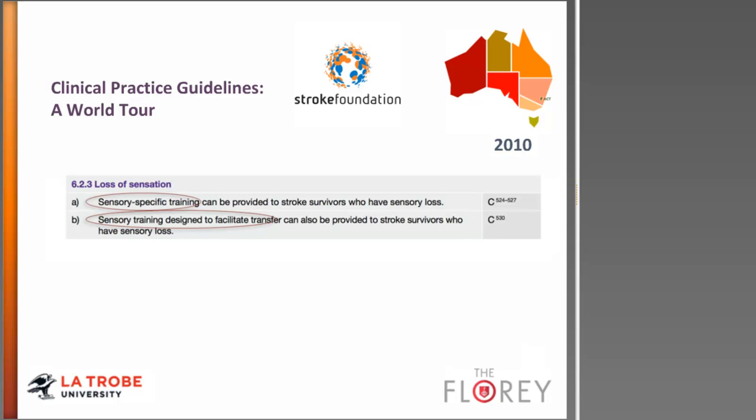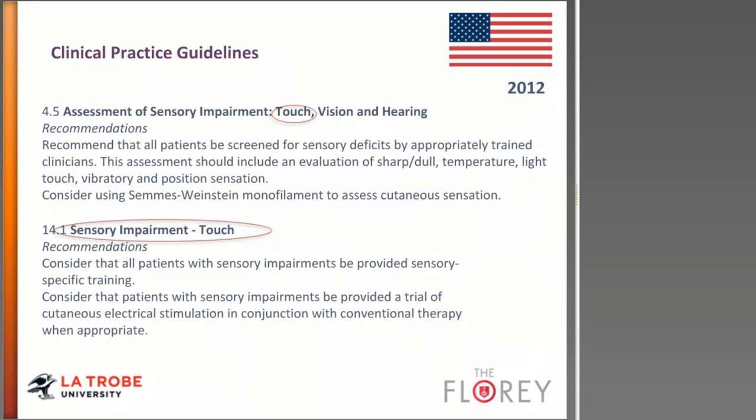So the National Stroke Foundation are quite open about recommending that clinicians look to other countries for their guidelines because they are more updated. So we'll now have a look at what some of the other countries propose. In looking at the US, they look at sensory impairment in terms of a few of the senses together. So they put somatosensation in with vision and hearing.